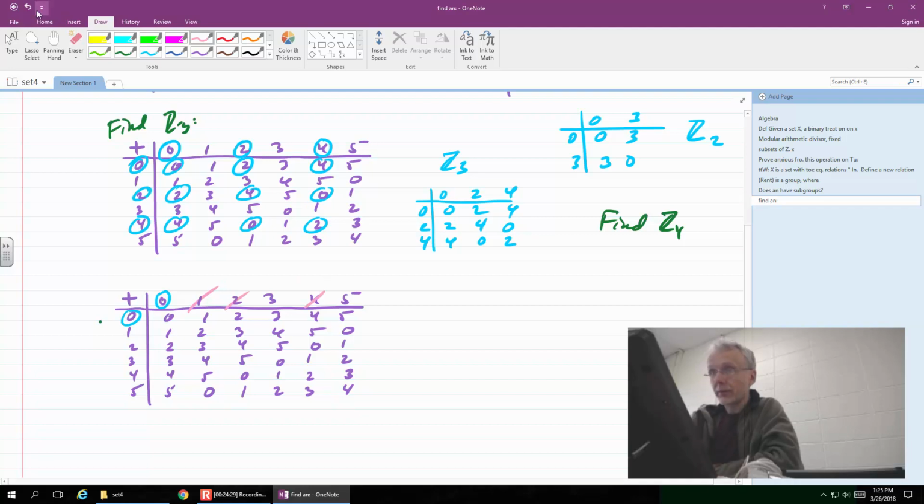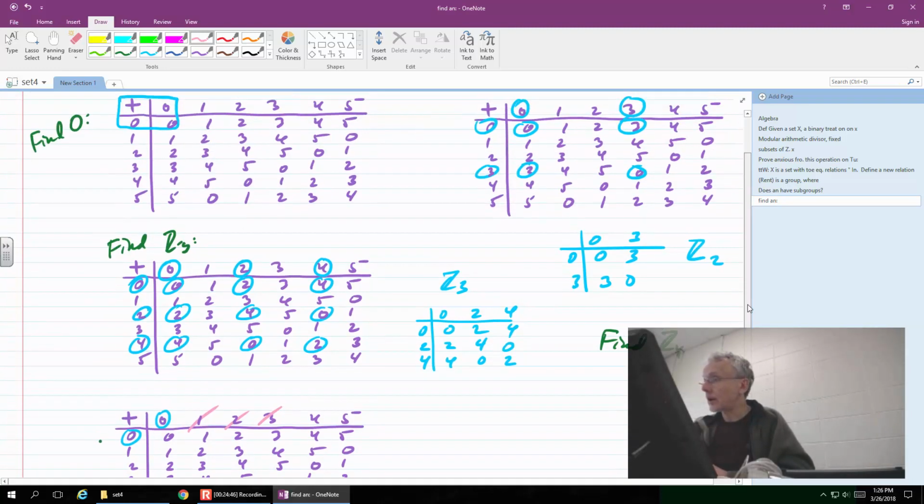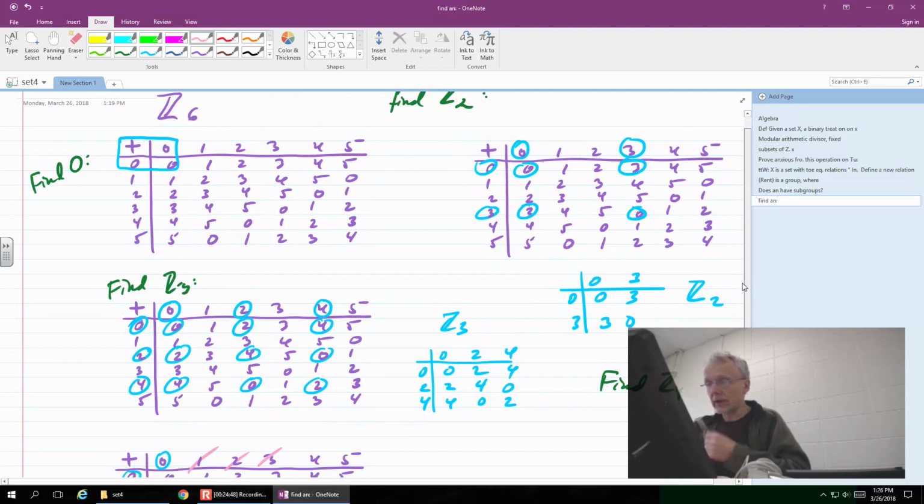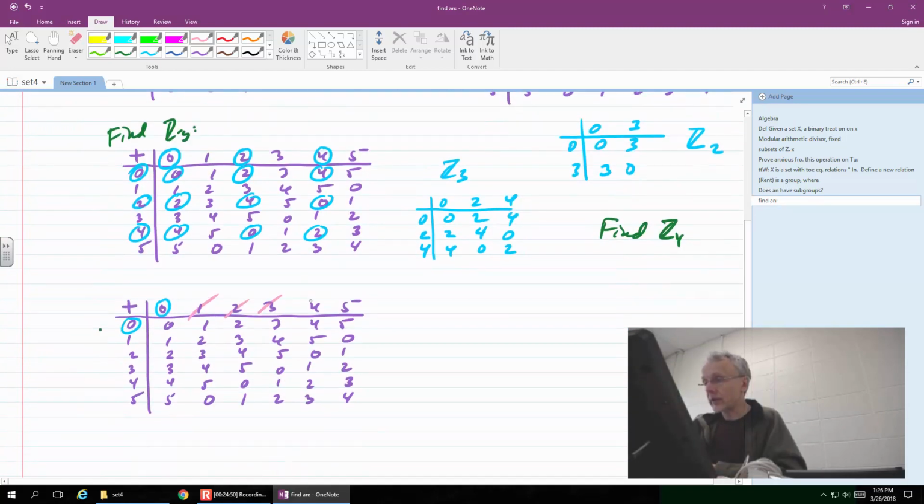Not 1. 2 has been taken, and 3 has been taken too. For that group, we're left with 4 and 5. But 4 has been listed in Z3.